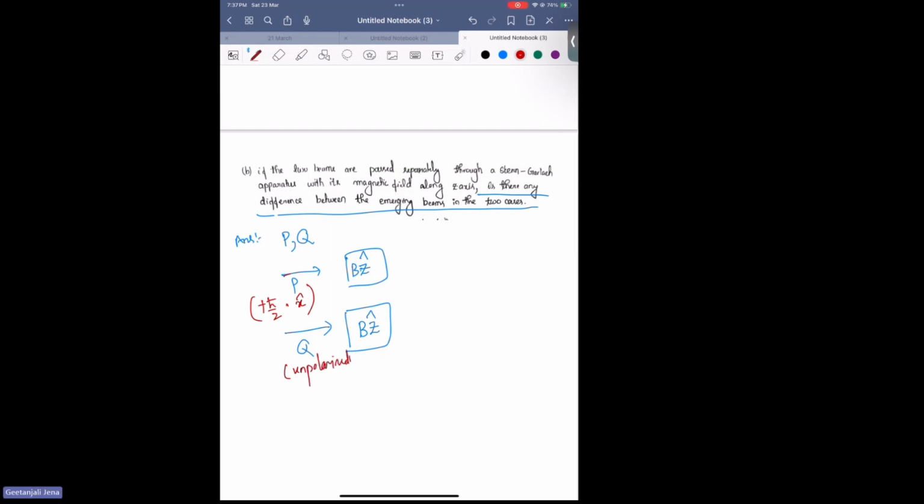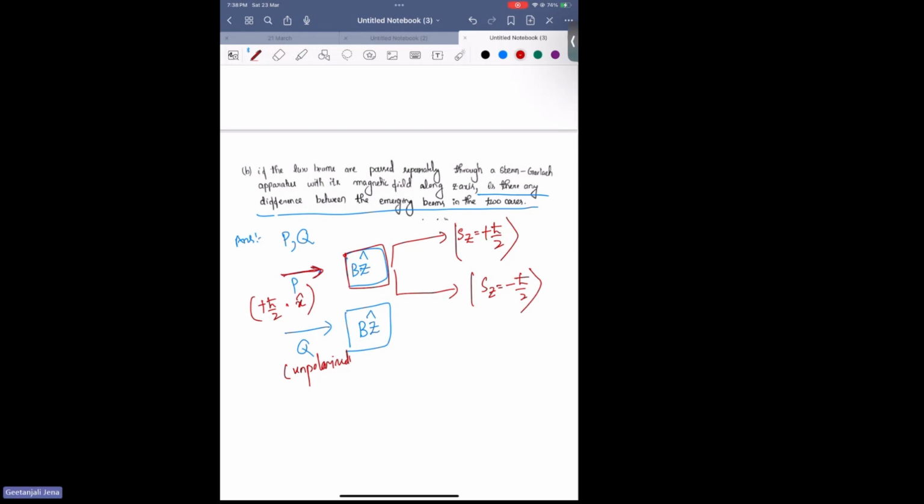Now if you pass the atoms of beam P through an apparatus which has a magnetic field in the z direction, you know that it will get split into two parts. One will have Sz equal to plus h cut by 2 eigenvalue, and the other one will have Sz equal to minus h cut by 2.